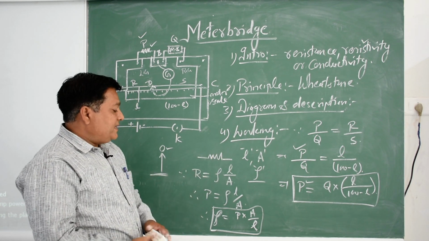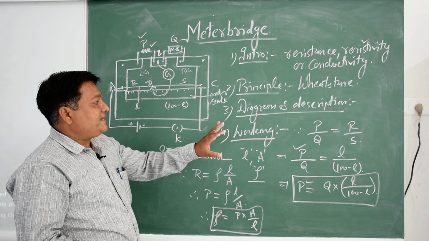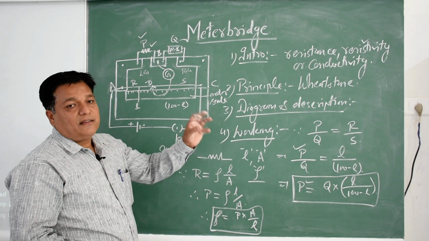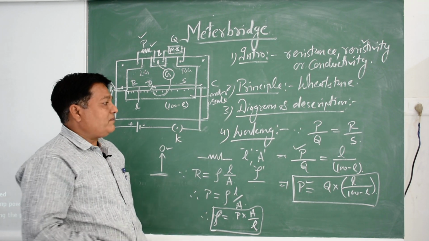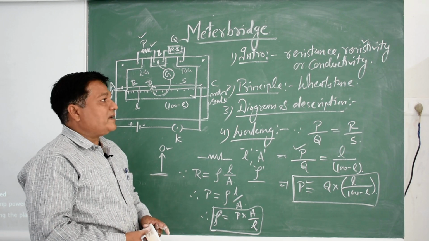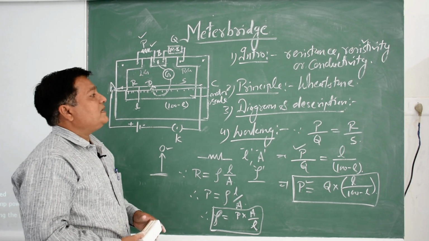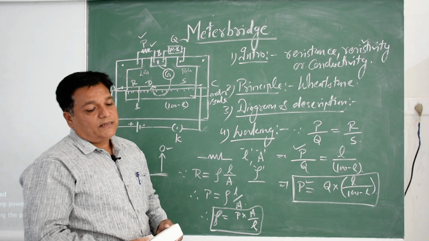In this way we can determine the resistivity, and we can find the conductivity also, since the reciprocal of resistivity is conductivity. So in this way we can use the meter bridge to determine these values.